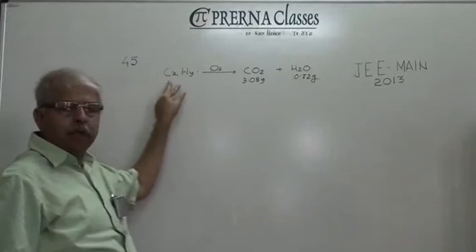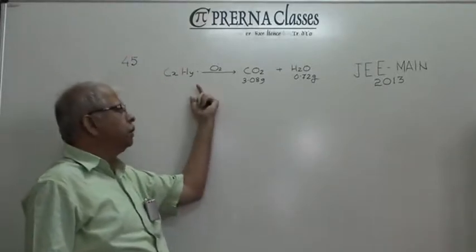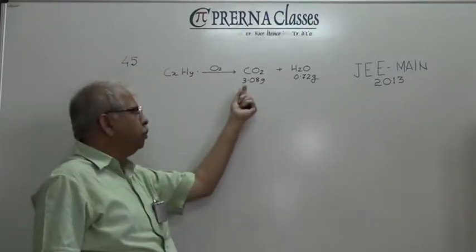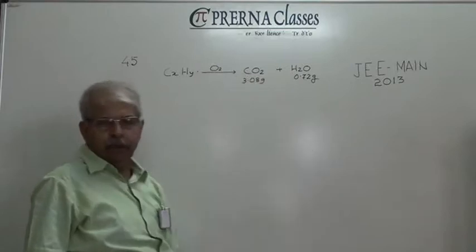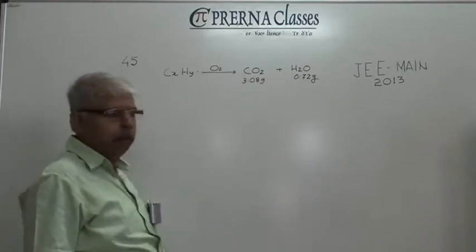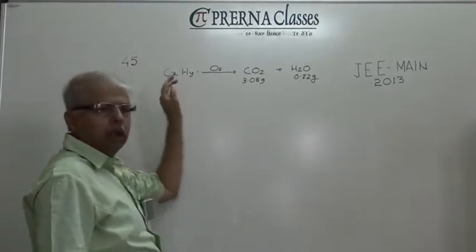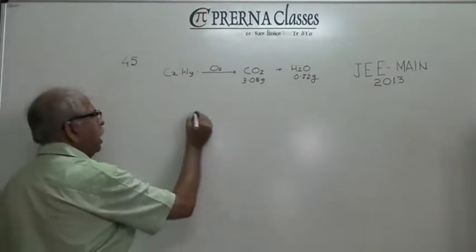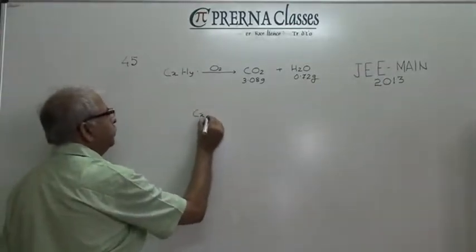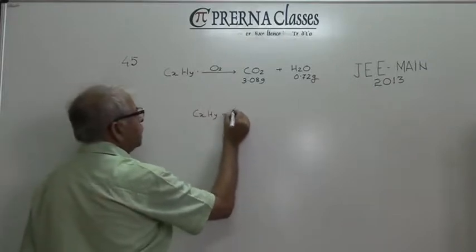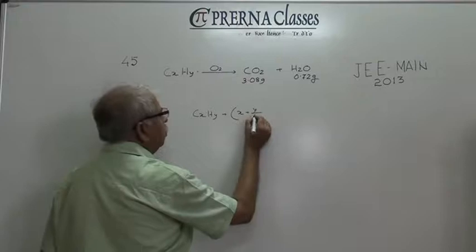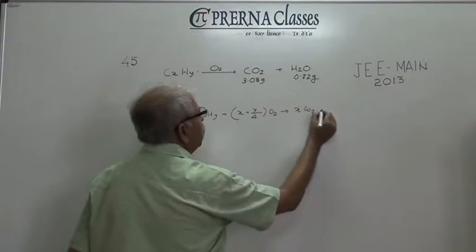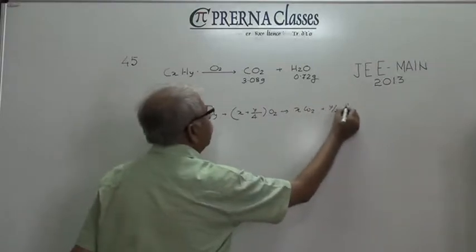A gaseous hydrocarbon on combustion gives 0.72 gram of water and 3.08 gram of carbon dioxide. And based on this, you have to find out the empirical formula of this hydrocarbon. Now, for the hydrocarbon CxHy plus (x plus y by 4) O2, that gives x CO2 plus y by 2 H2O.